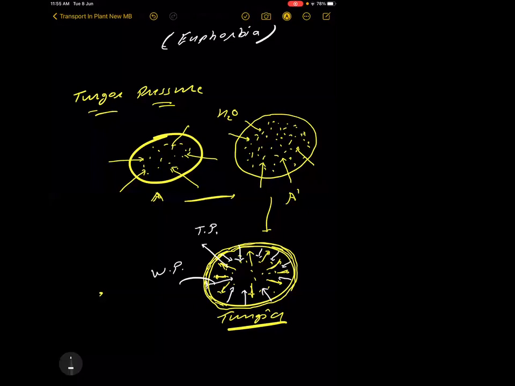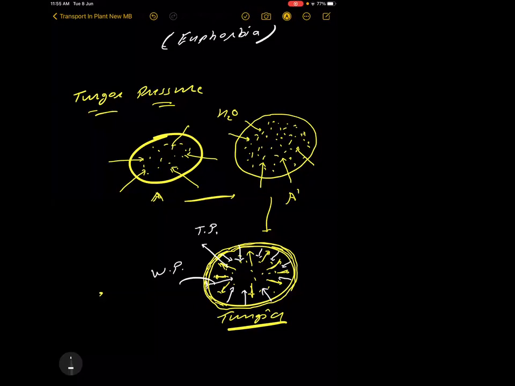Clear? So turgor pressure is exerted by the cytoplasm, because of the intake of water, on the wall. It is created by the cytoplasm, or you can say water, upon the cell wall. That is turgor pressure. In turn, the cell wall creates another pressure which is equal and opposite to the turgor pressure to maintain the shape, to prevent the cell from bursting.